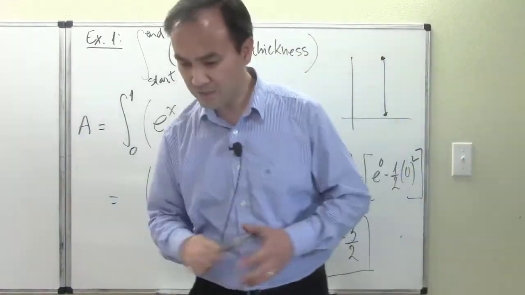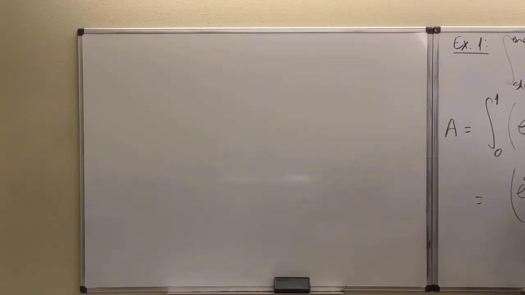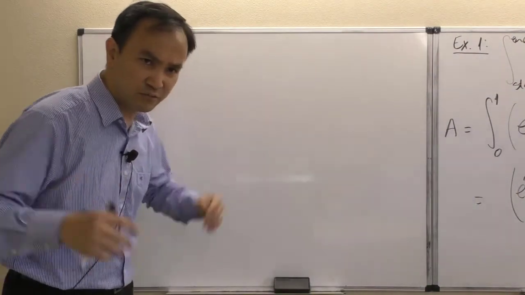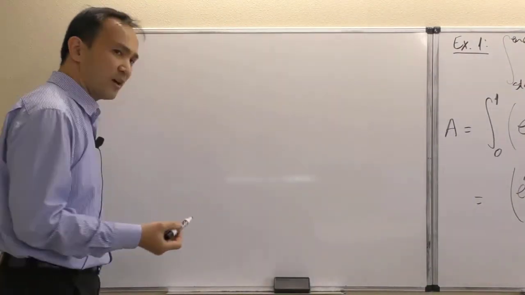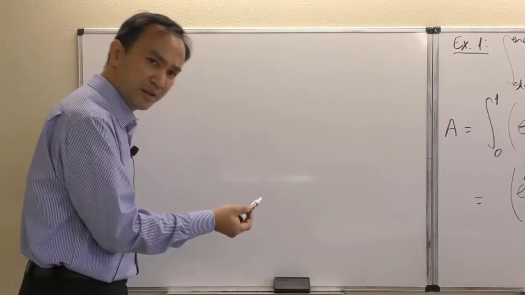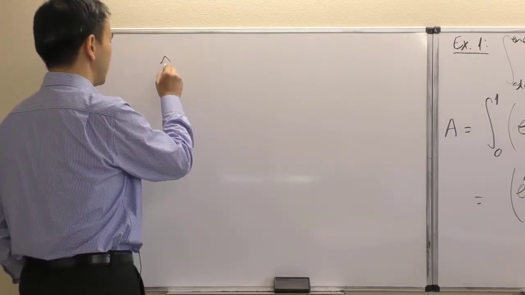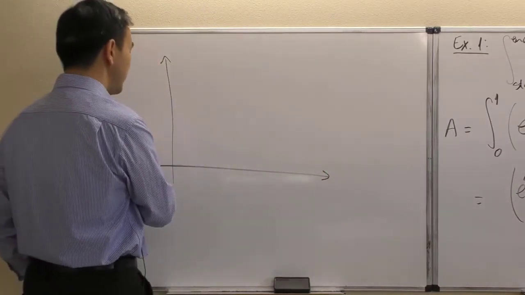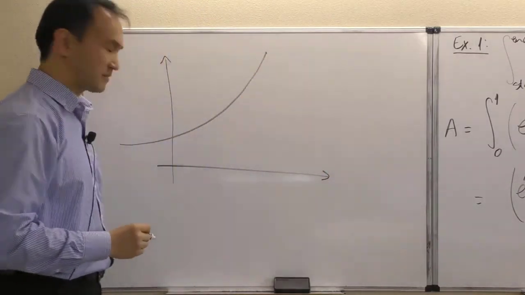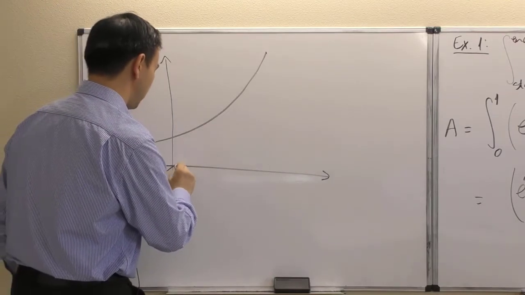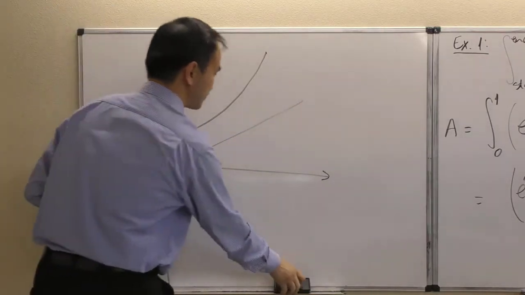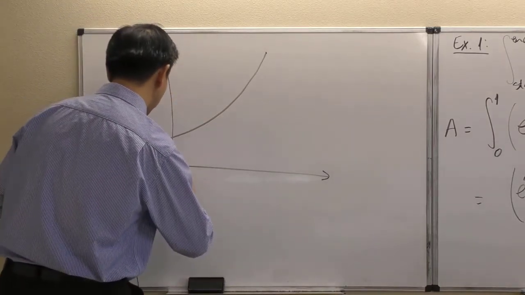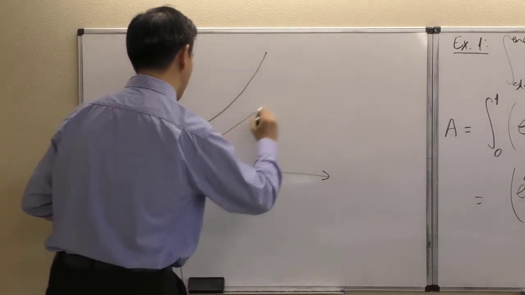So let me quickly swing over to the other board, okay? And this time, because in the end any computer is not as flexible as what we need, I have to quickly make a hand sketch right here. So the e to the x is here. Forgive me for being a little bit off scale.